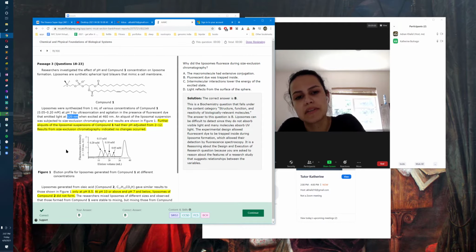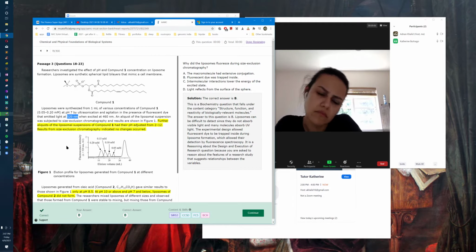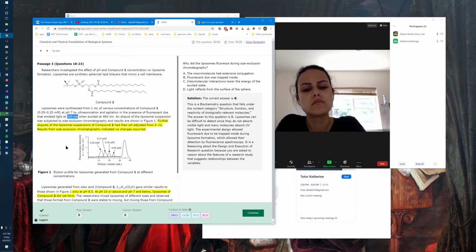Okay, let's keep on. Yeah. So Figure 1, you basically see elution volume versus fluorescent intensity, and so you see that as the concentration of compound 1 decreases, you have a greater elution volume, but a lower fluorescent intensity, right?